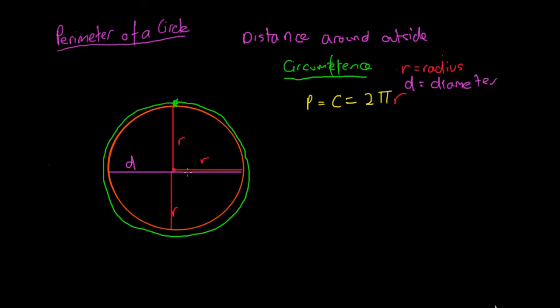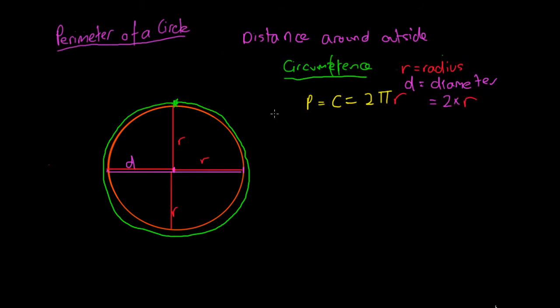The diameter goes from one edge to the other side through the middle, and the radius is from the middle to the edge, so the diameter is just 2 times the radius. We can say that the diameter is equal to 2 times the radius.